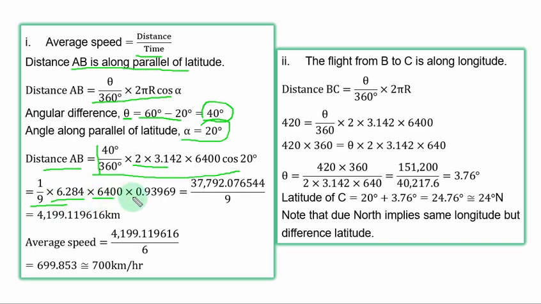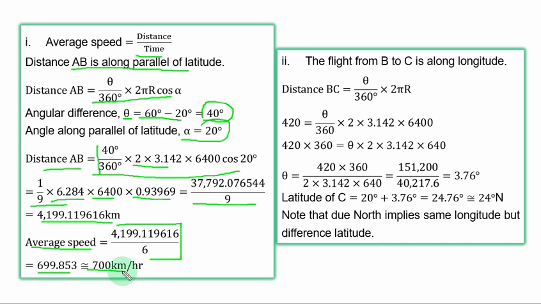This is cos 20 degrees. If you multiply the numerator, you have this result over the denominator, that gives this. Therefore, average speed is distance over time. Time is 6 hours. If you divide, you get this. To 3 SF, you have 700 kilometers per hour.